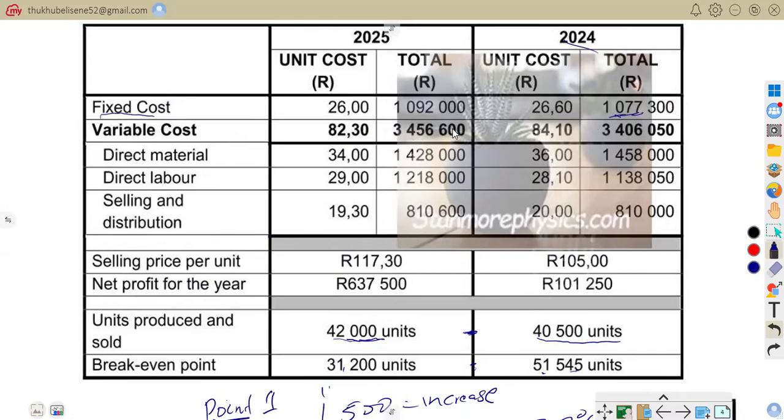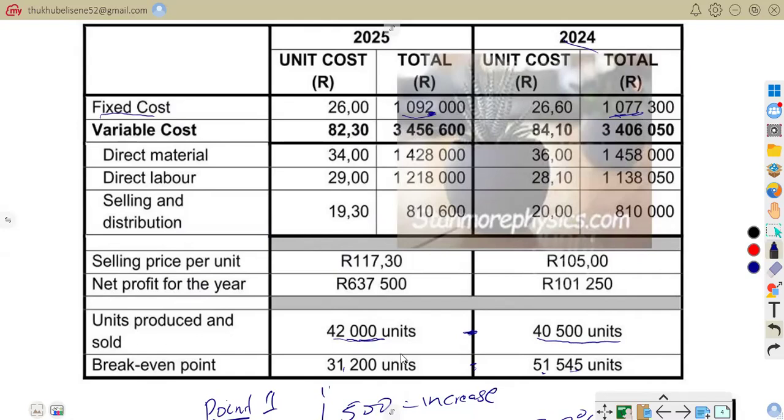In 2025, we have 1,092,000. So it means there was an increase of 14,700. So that is that. There was an increase of 14,700.